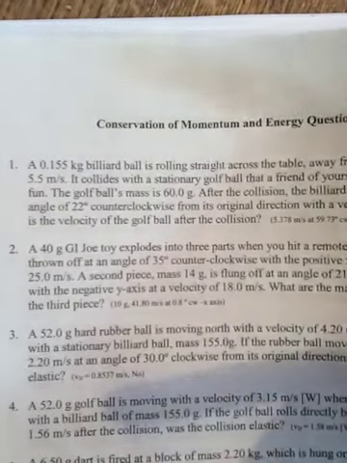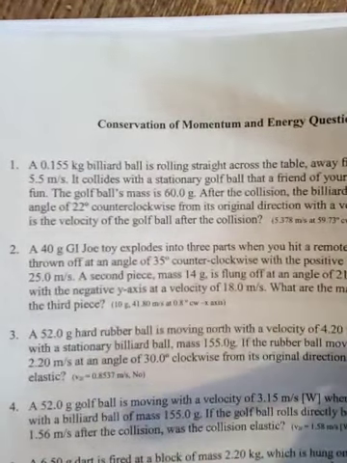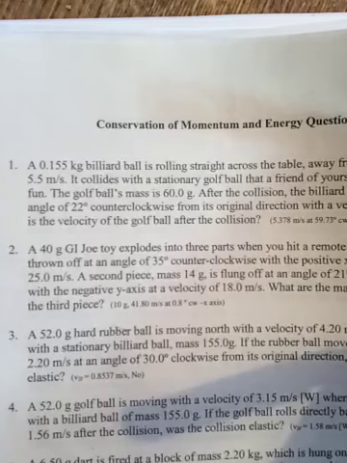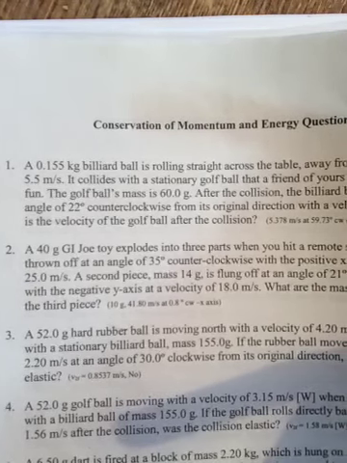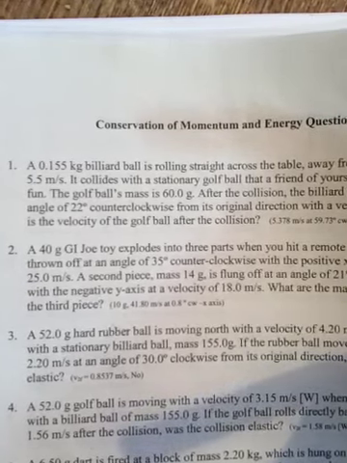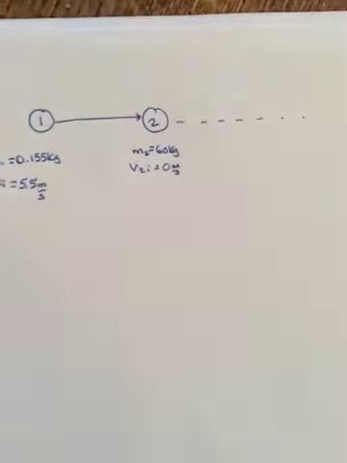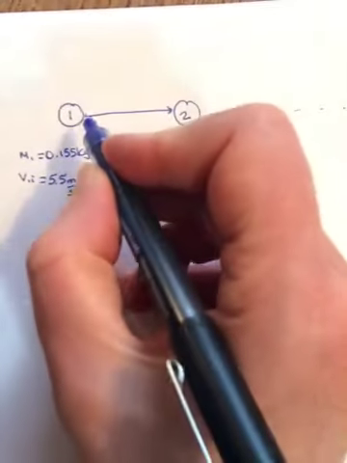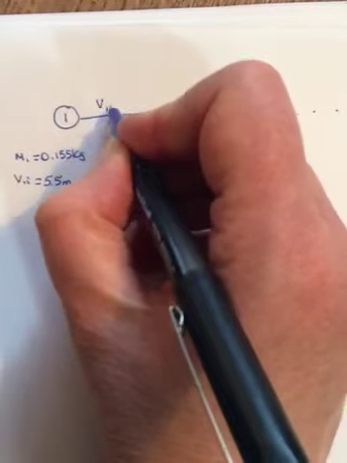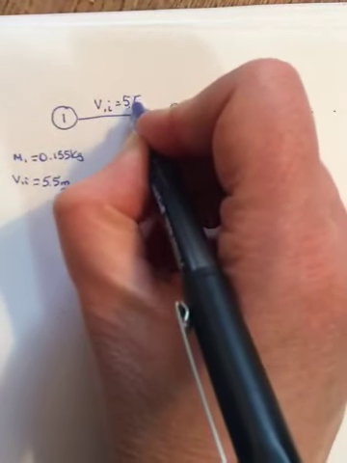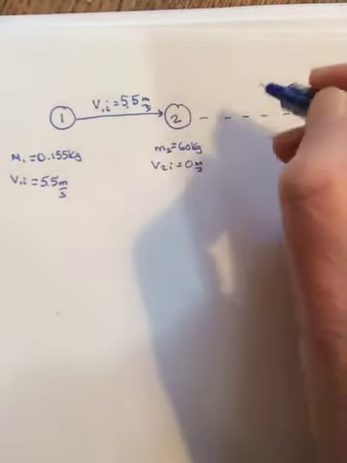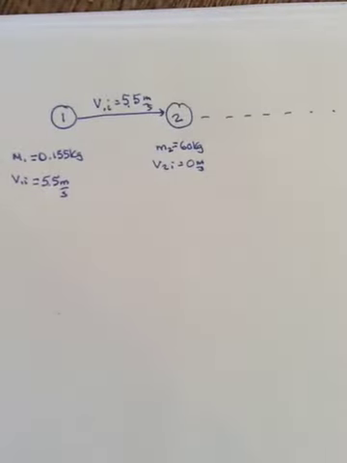Let's go to kilograms. After the collision, the billiard ball rolls off at an angle of 22 degrees counterclockwise with its original direction, velocity of 4.8 meters per second. Okay, so here we have our V1 initial is 5.5 meters per second, and it rolls off 22 degrees counterclockwise.